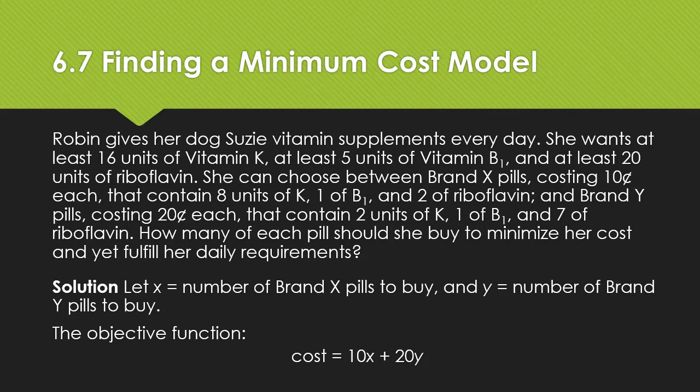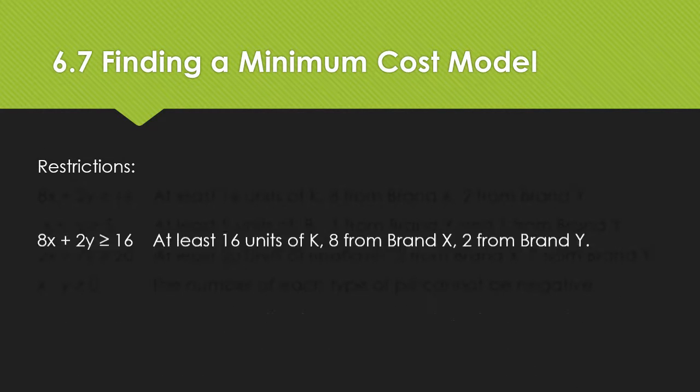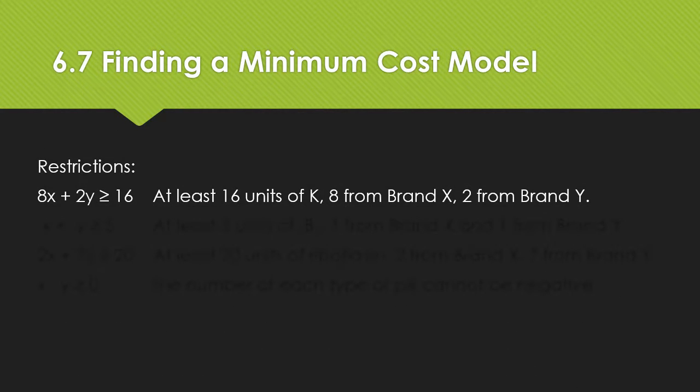Now what we need to do is create some inequalities based on what she wants. For vitamin K, we get 8 from brand X and 2 from brand Y, so 8x plus 2y has to be greater than or equal to 16. Now vitamin B1, she needs at least 5.